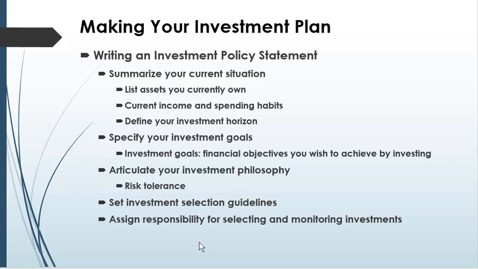What's that time frame? We need to understand those goals, the financial objectives that we're going to use to get that piece. We need to understand our risk tolerance. We need to understand what our actual investment philosophy is. How do we feel about that? We need to create some selection guidelines.